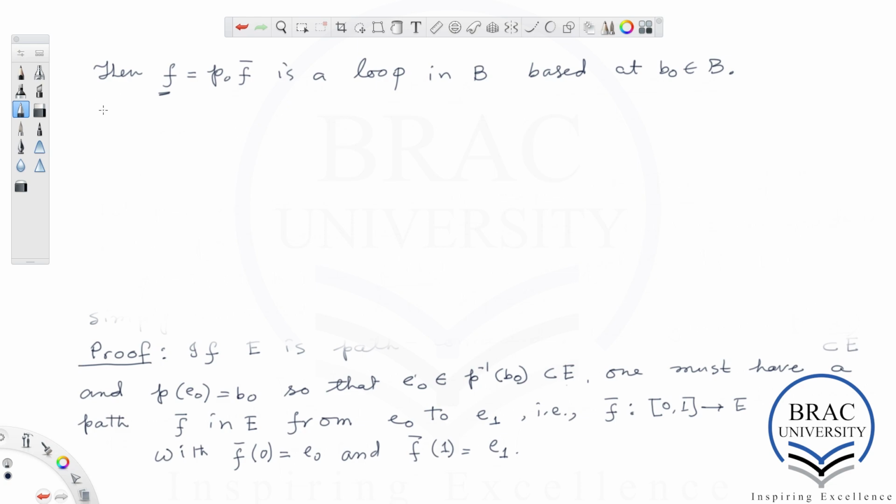Let's check it very quickly. Indeed, F of 0 is equal to P of F bar of 0, which is P of E0, right? Since F bar of 0 is E0. And P of E0 is, by hypothesis, equal to B0.